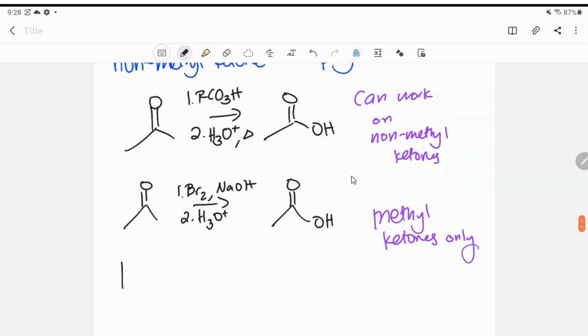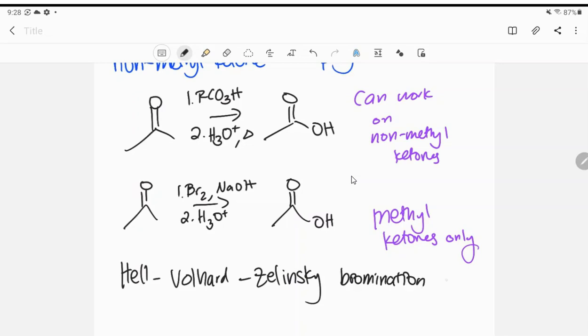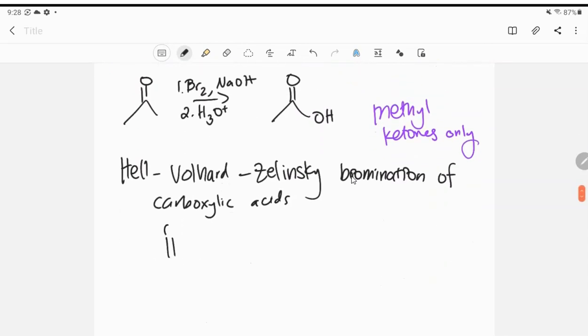All right, here we go. This is the Hell-Volhard-Zelinsky bromination. Carboxylic acids. We're not going to worry about the mechanism for this, just the reagents.